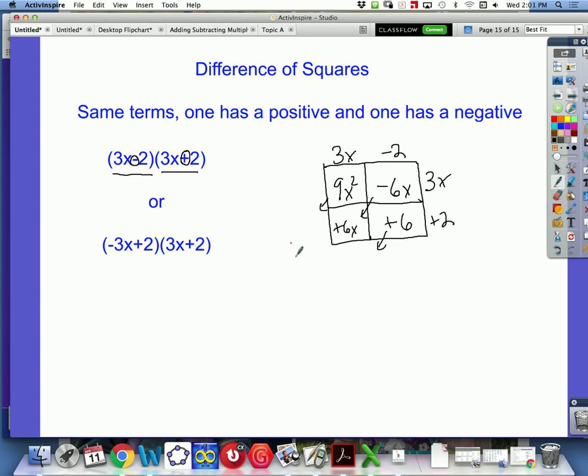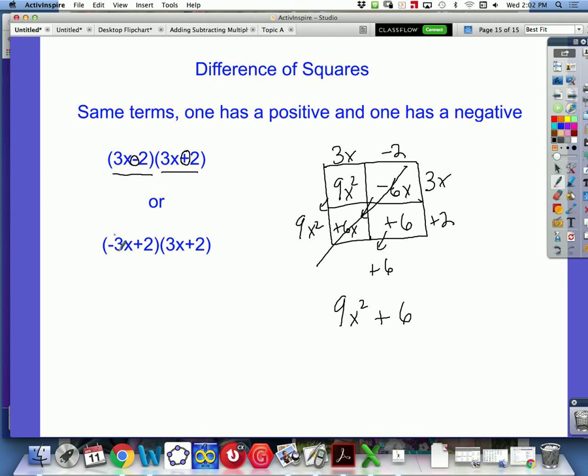When I add diagonally now, I get 9x squared. A negative 6 and a 6 cancel out, and then I get the constant. So the middle term went away. So anytime we have a difference of squares, we like that because we know automatically the middle terms are going to disappear. They turn into 0.